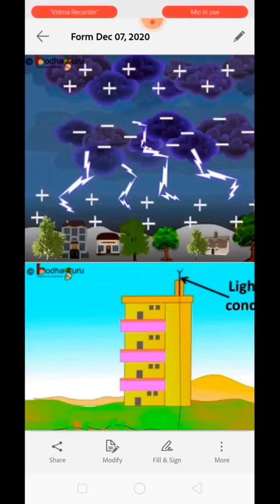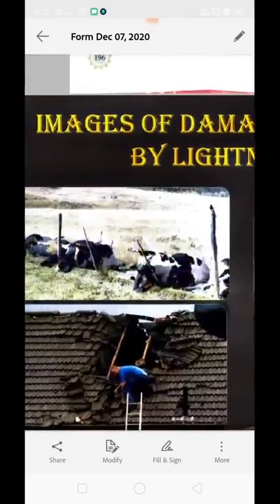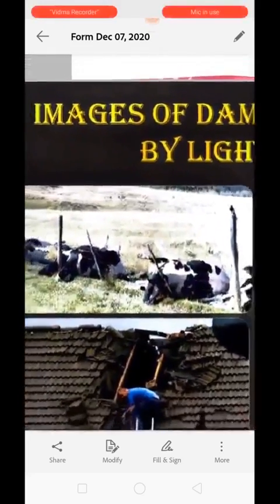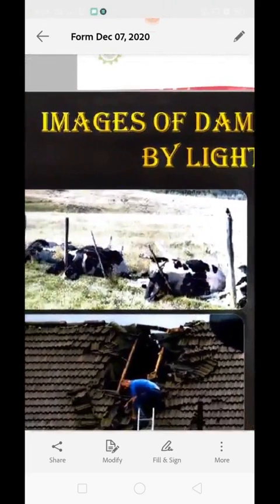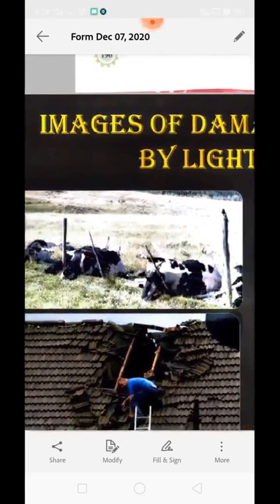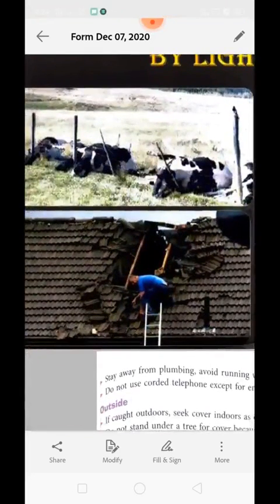Just see what is the damage that can be caused due to lightning. Have a look at what happened when the lightning struck. The animals are dead over here because they were hit by lightning. Now the roof of the house has totally been destroyed because of lightning.